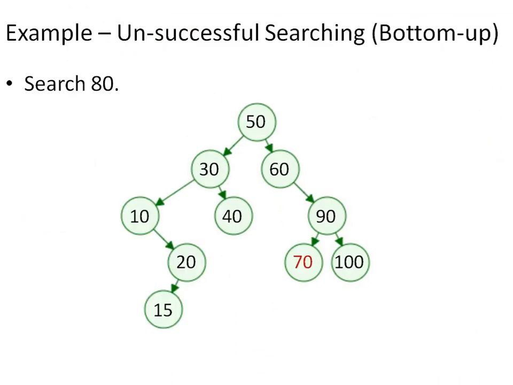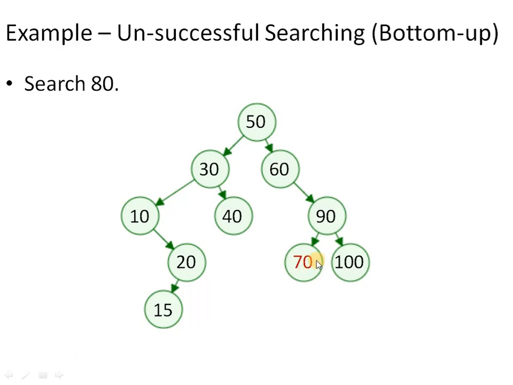In the next scenario, we have the unsuccessful search case. So in this tree, as you can see, 80 does not exist. And if we perform a search for 80, then we have to traverse the path which we have discussed in the previous example. That is, we have to start with 50, then 60, then 90, and finally we reach 70.